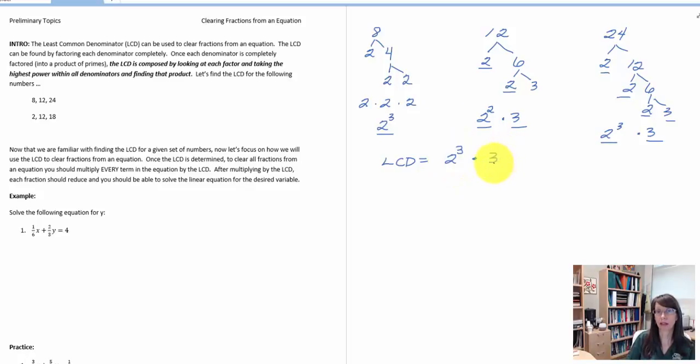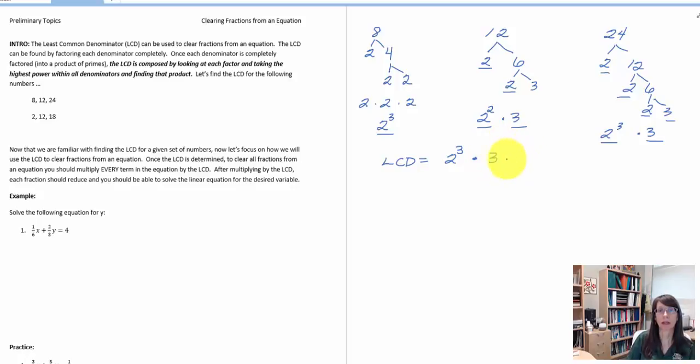Then compare all your factors of 3. I don't have a factor of 3 for the first number. I have 3 to the power of 1, and here I have 3 to the power of 1. So 3 to the power of 1 is the highest amount needed for the factor of 3.